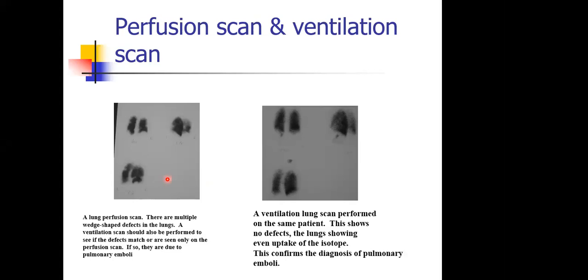The two images match. But if they don't match, for example, in this particular case, we have those filling defects, those cold areas that you're seeing present on the perfusion image, and yet they are not present on the ventilation image, then we say there is ventilation perfusion mismatch.